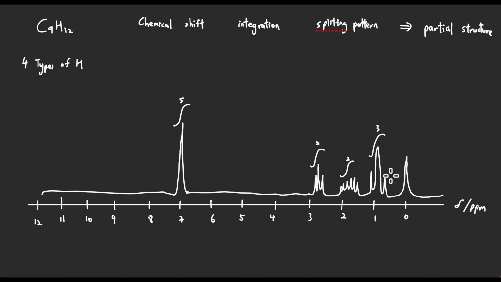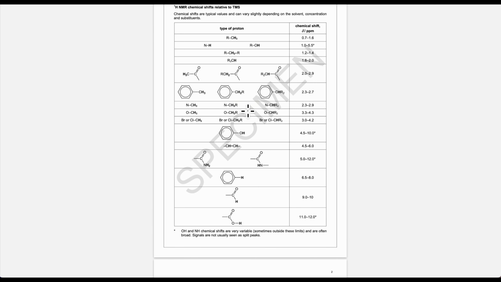The first one, we can see this peak is approximately 1.0, and its integration is 3. That means we have 3 hydrogens in the same environment, and the splitting pattern is a triplet, which indicates that we have 2 hydrogens on our neighboring carbon. So for the chemical shift at 1.0, we can look at our data sheet.